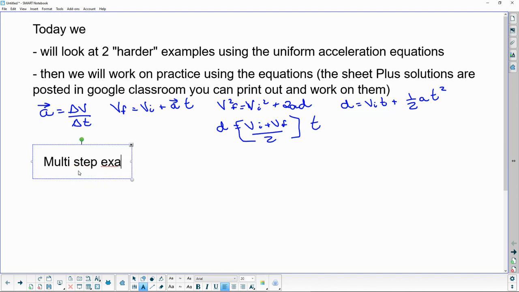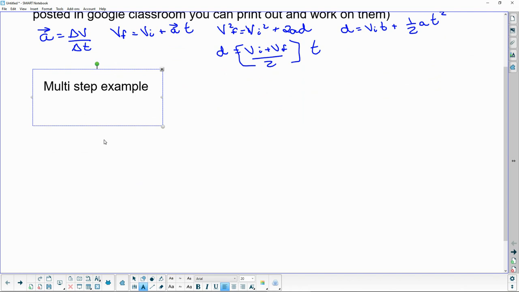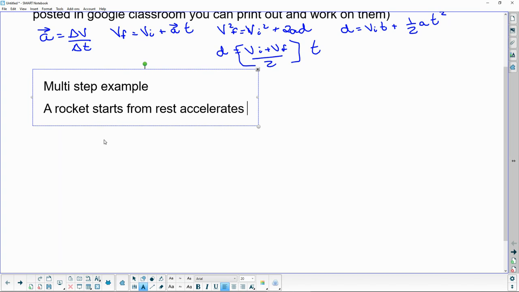Okay, so let's set up one here. I've got one with a rocket that we'll work through. So let's say a rocket is starting from rest and accelerates uniformly at, we'll go 3 significant figures, 12.5 meters per second squared.